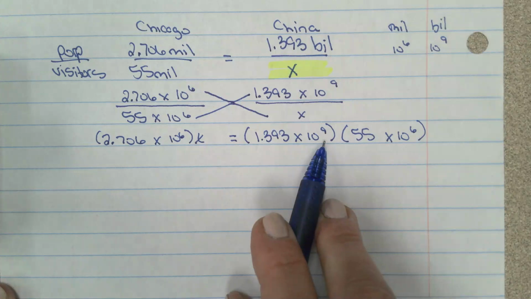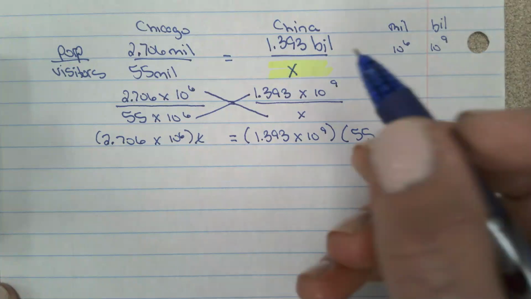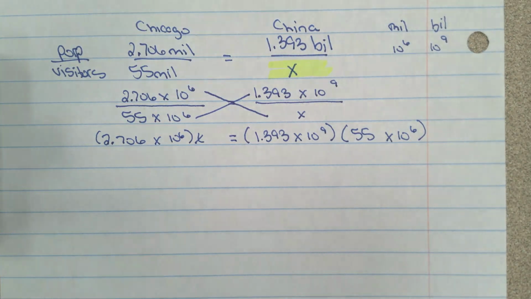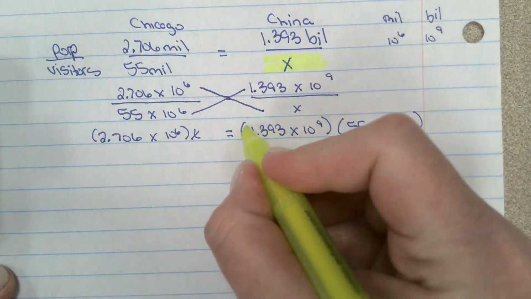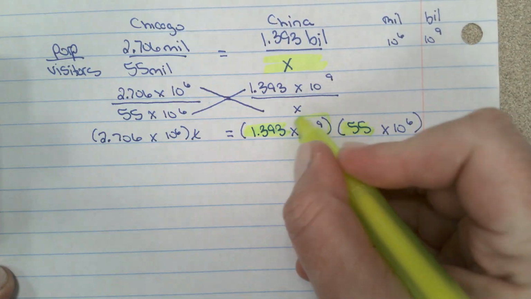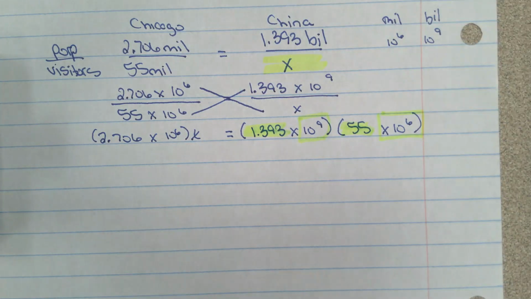So I'm going to focus on the right side. On the right side, what we learned yesterday is that when you are multiplying in scientific notation, I'm going to group the number parts together and the 10 and the exponents together, and multiply them.